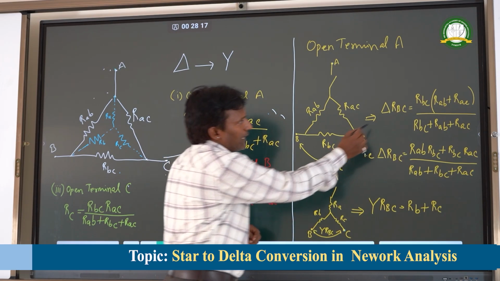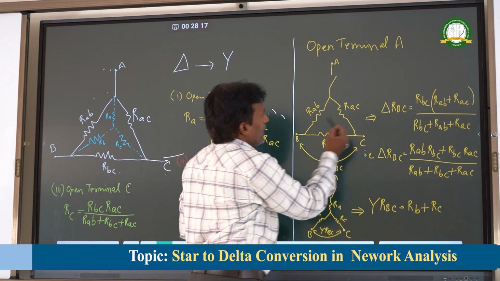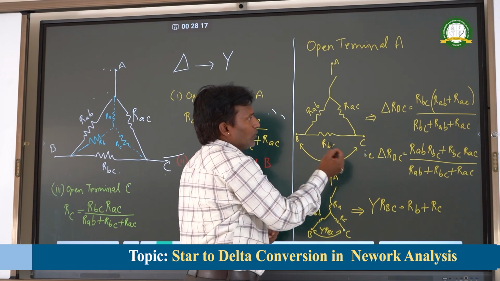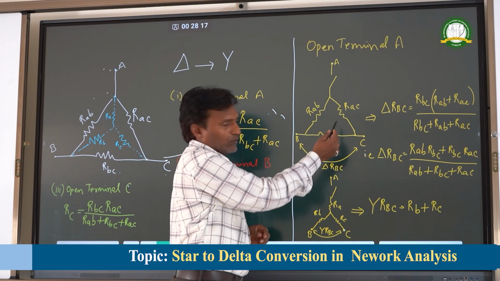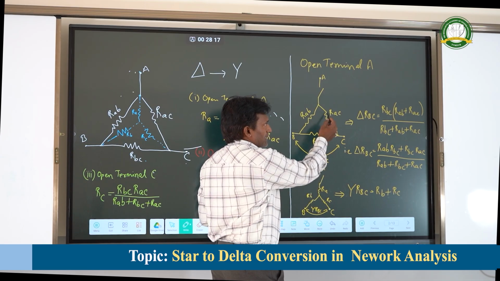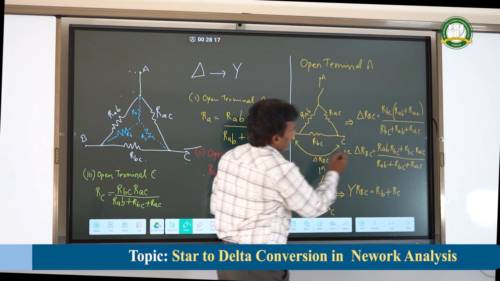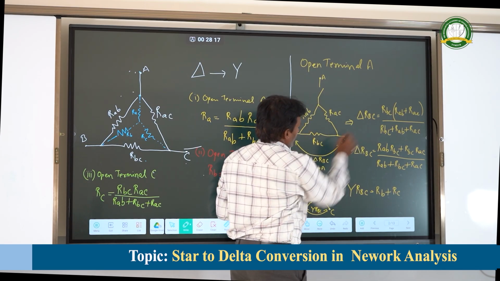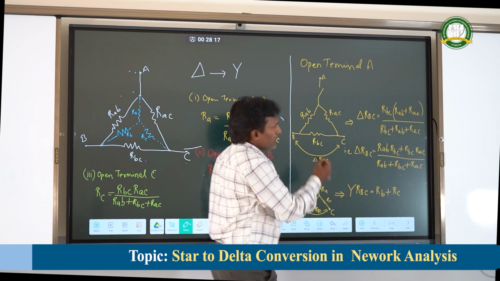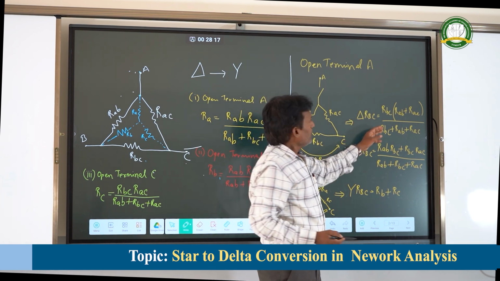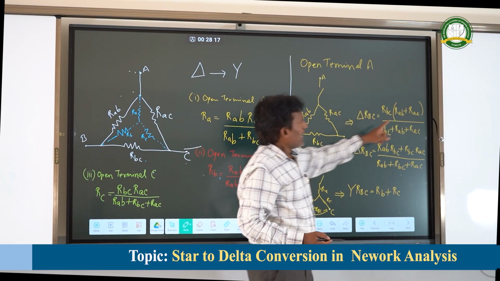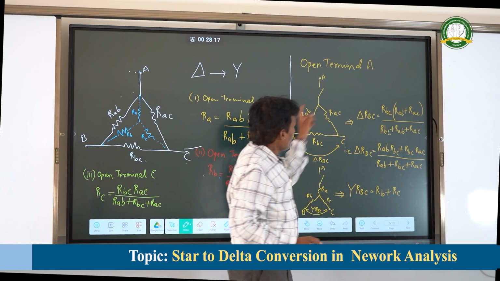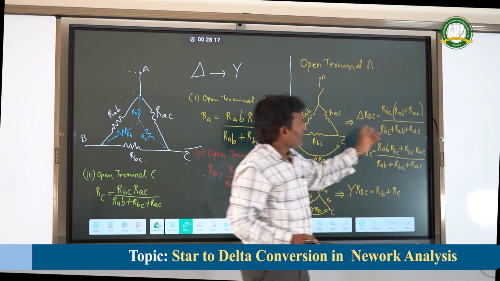Delta RBC will be equal to RBC in parallel with the others. As we know, for parallel elements, R1 into R2 divided by R1 plus R2. I consider RBC as R1 and these two elements as R2. So delta RBC will be equal to RBC multiplied by the summation of RAB plus RAC, upon the sum of all, because it is R1 plus R2.